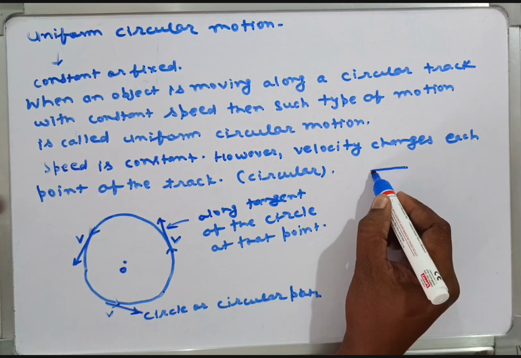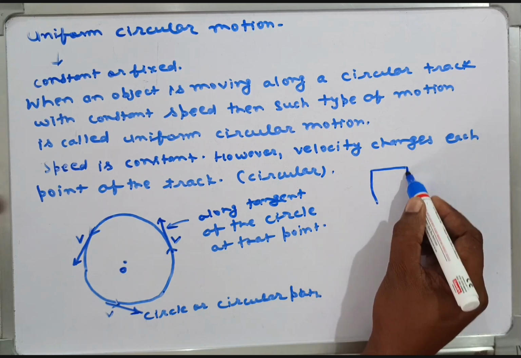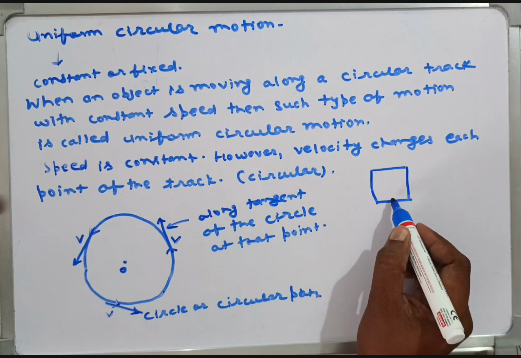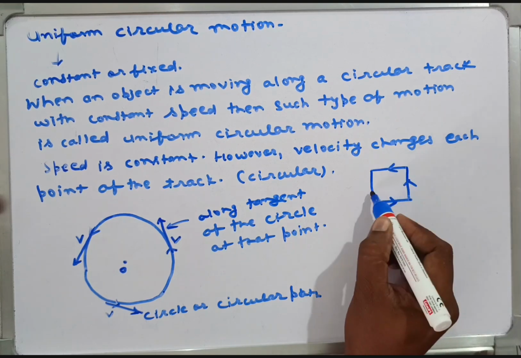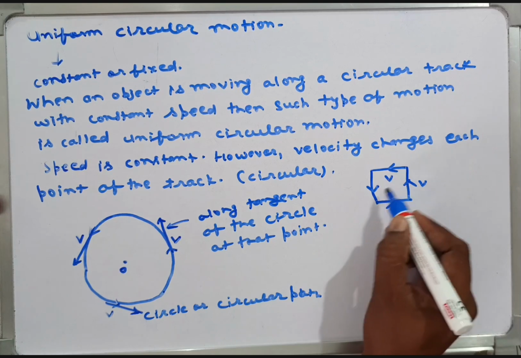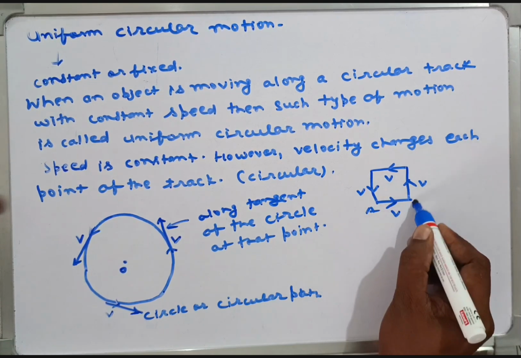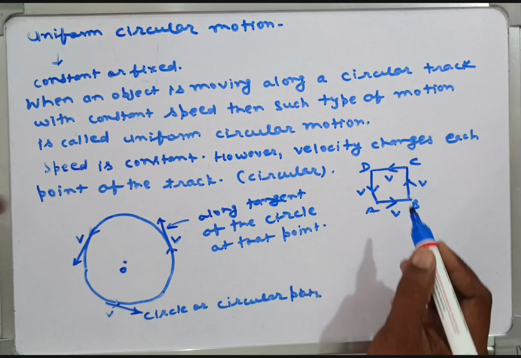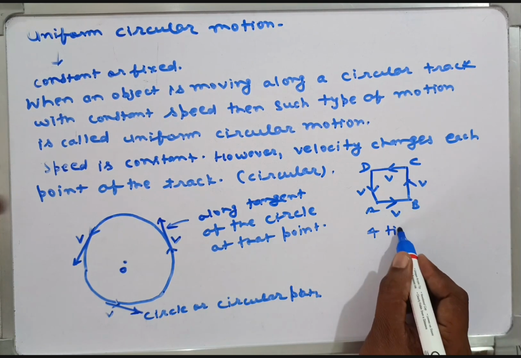Suppose this one is a square. If you trace the direction of the speed, then in the case of a square its direction changes 4 times.